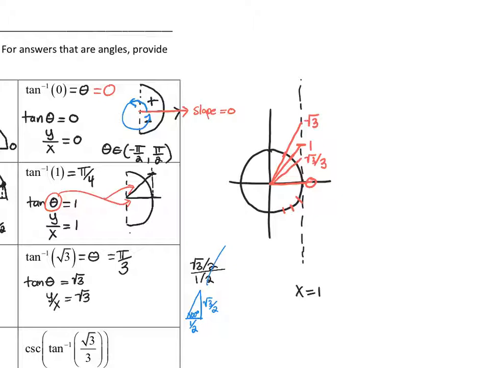Root 3 over 3 is the same thing as a third of root 3, so it must be smaller. And then down here, this is -1, negative root 3 over 3, and then negative root 3. So this line at x equals 1 where those rays intersect sort of serves as a number line for how big the tangent slopes get.